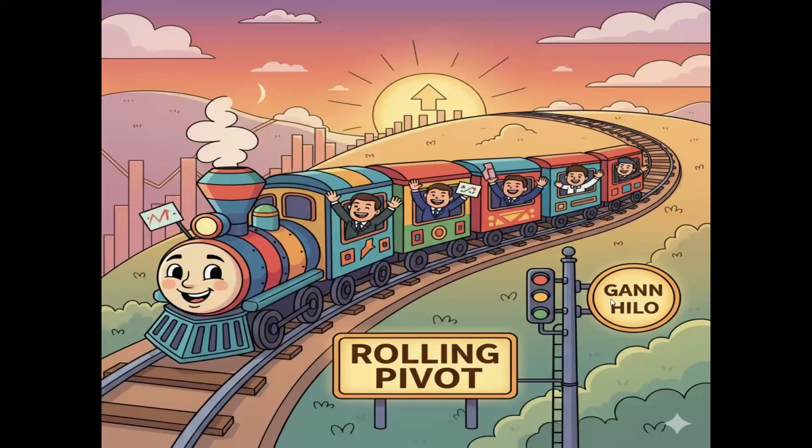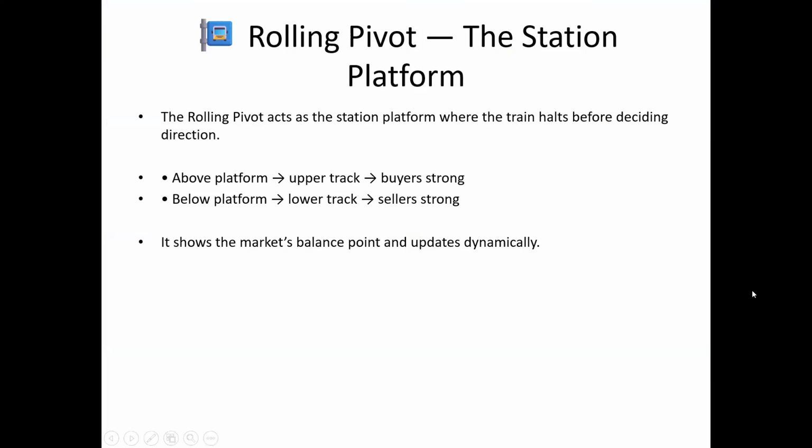So rolling pivot and Gann Hilo are a must for the train to be safe. See, rolling pivot is like the track and Gann Hilo is like the signal. Rolling pivot acts as the station platform where the train halts before deciding.